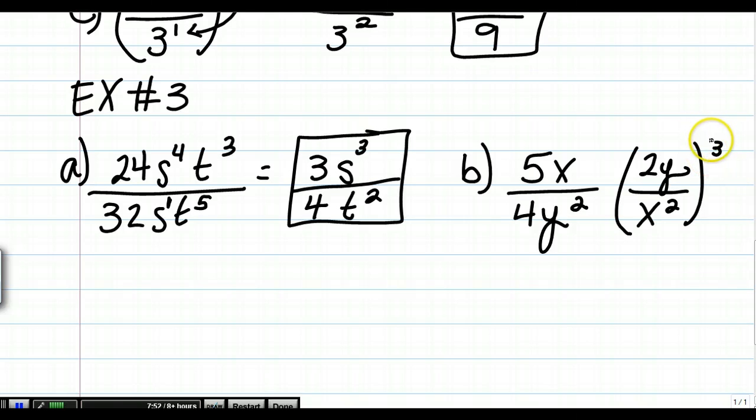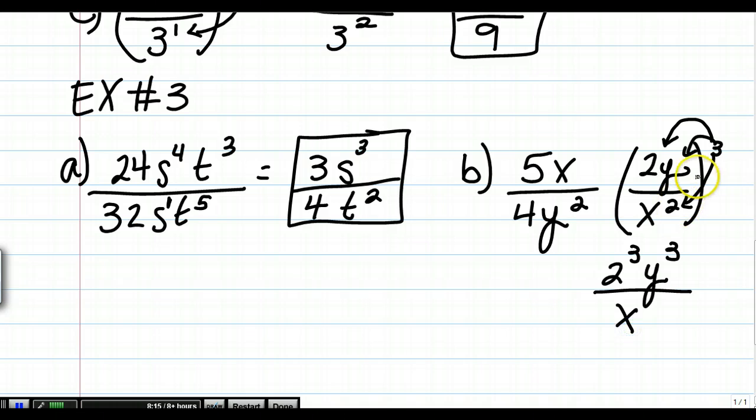So the first thing you want to do is distribute that 3 to everything in the equation. We're just going to look at this parenthesis first, and then we'll multiply it with this guy over here. So we're going to have 2 to the 3rd power, y to the 3rd power, because those were 1s. 1 times 3 is 3, 1 times 3 is 3, and 2 times 3 is 6.